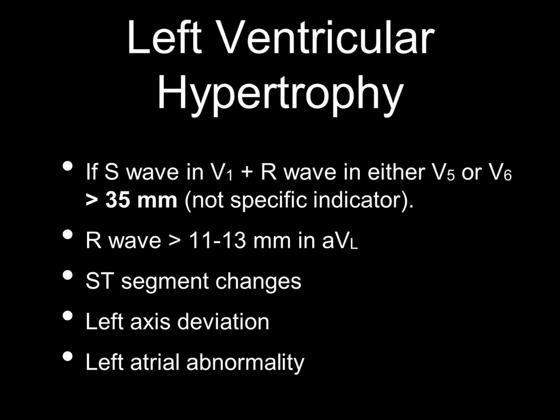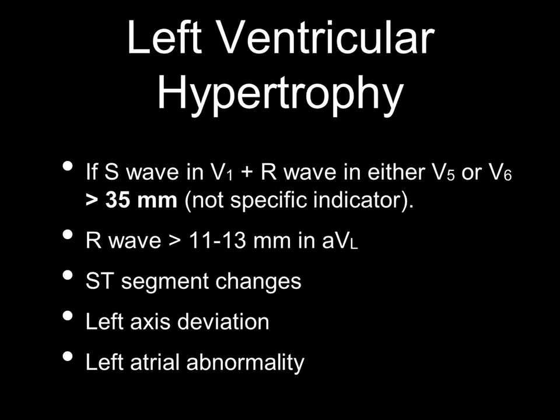If the S wave in V1 plus the R wave in either V5 or V6 is greater than 35 mm, this is not a specific indicator. R wave greater than 11 to 13 mm in aVL. ST segment changes. Left axis deviation.